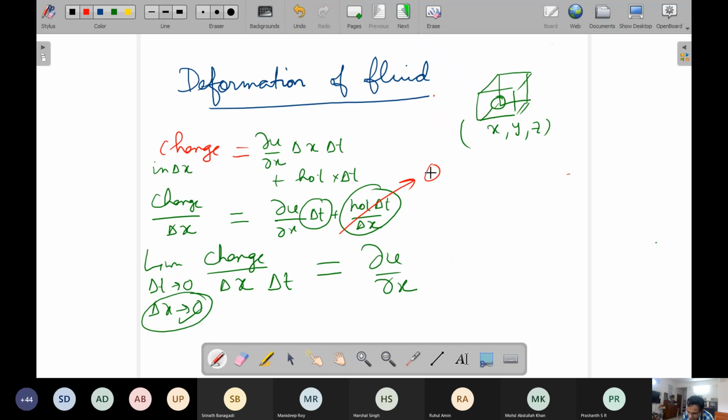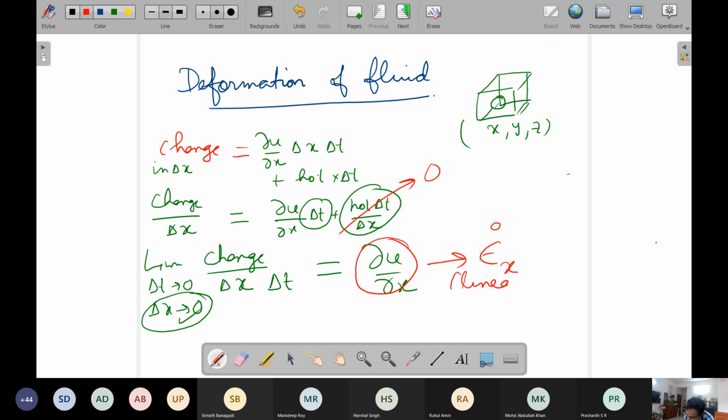So when you get this, let us put up a symbol for this. Let us call it rate of linear deformation along x. So I have put a dot at the top. So this is the rate of linear deformation along x, or linear strain rate.